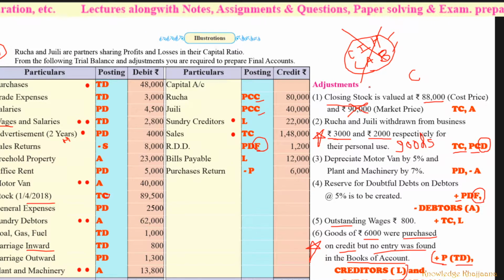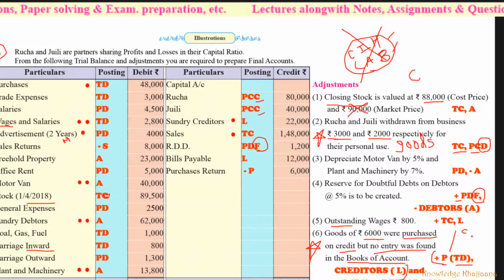Then where have the goods gone, where have they vanished? It means that much of the goods were also sold. If those goods were not found, those goods were sold, and whatever we had sold, that also we had forgotten. Entry was not found in the books of account. Similarly, we forgot to record the purchase, and we forgot to record the sales.